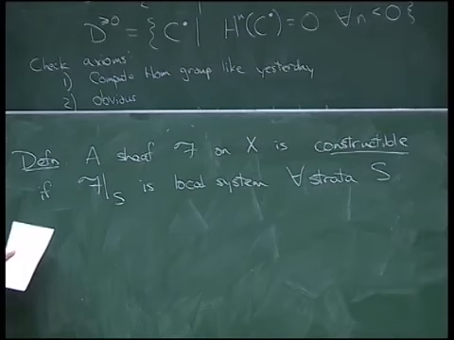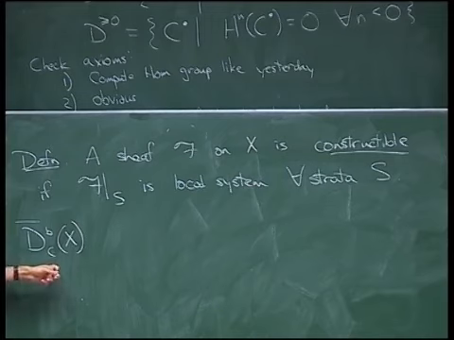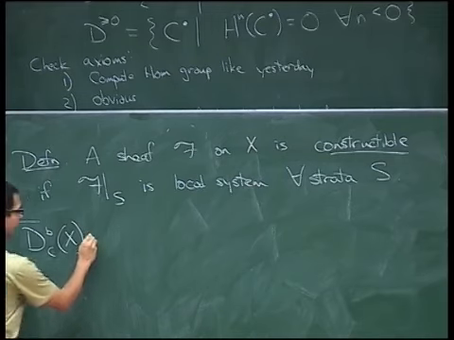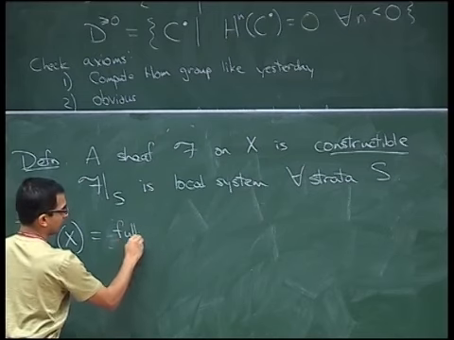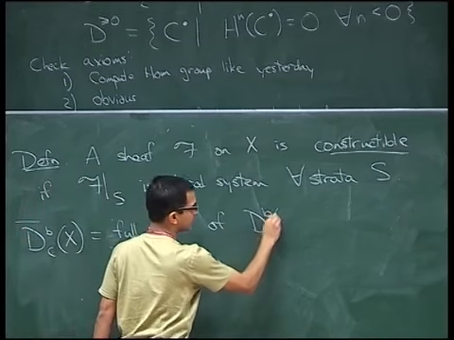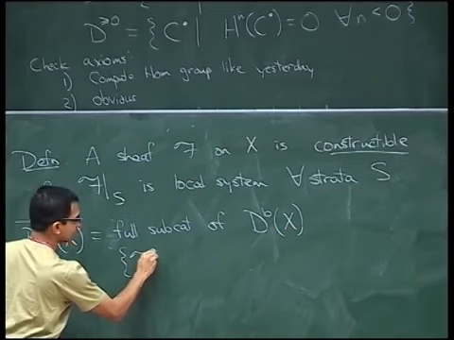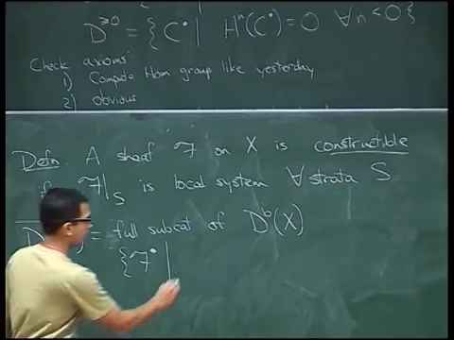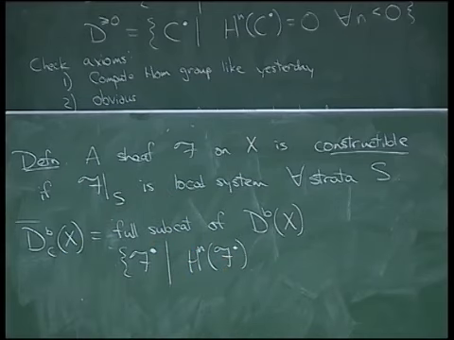So this is a definition for a single sheaf. And then here's the derived category version of that. So I'm going to write D^b_c(X). B is for bounded, like usual, and the letter C is for constructible. This is the full subcategory of the bounded derived category of sheaves on X, whose objects are complexes of sheaves such that the cohomology sheaves of that complex are constructible sheaves.